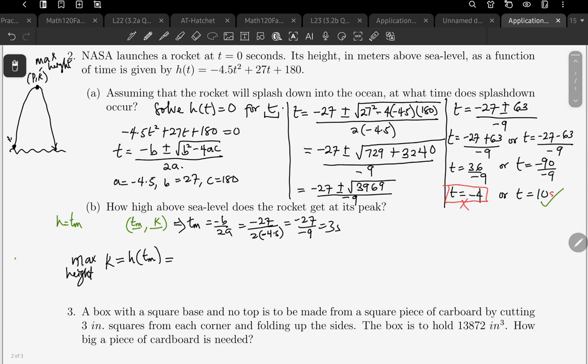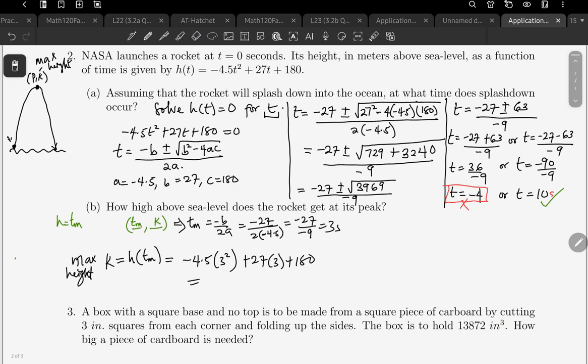Which means anywhere you see t in h of t, you substitute 3 for t. So that is going to be negative 4.5 times 3 squared, plus 27 times 3, plus 180. Don't multiply negative 4.5 by 3 before you square it.